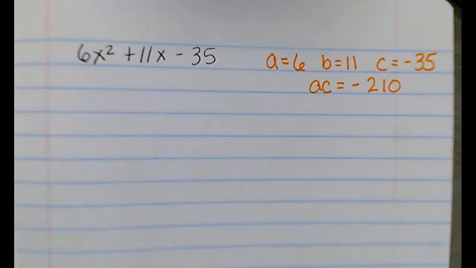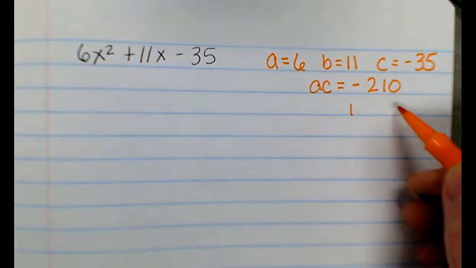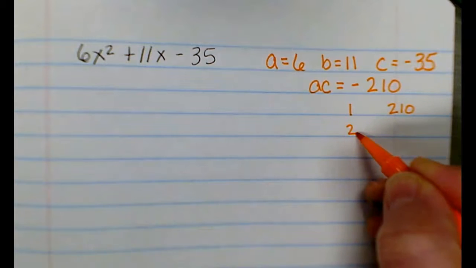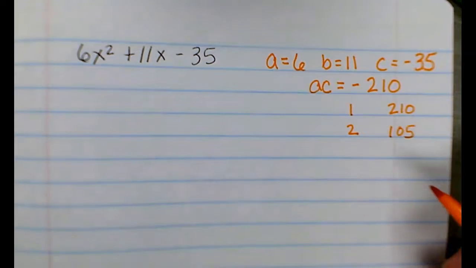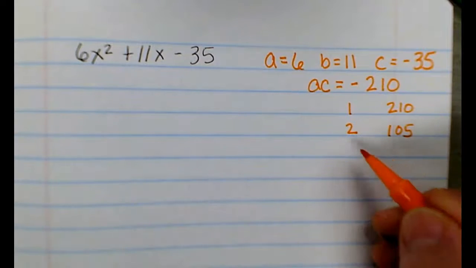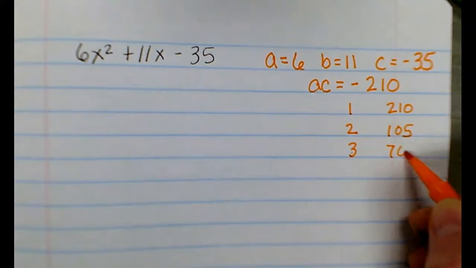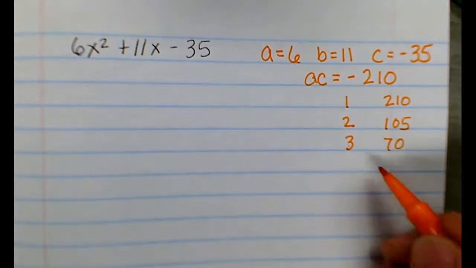But even if we have a large number, it doesn't take that long to fill in the factors. So the factors of 210 would be, of course, 1 and 210, and 2 and 105. And 3 goes into 21, so that would be 3 and 70.